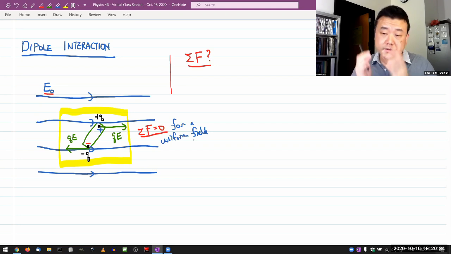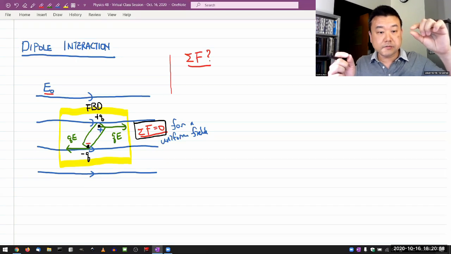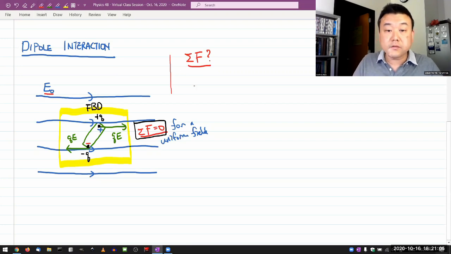I hope when you see a free body diagram like this, your intuition doesn't say that nothing interesting happens here, because even though the net force might be 0, I hope the forces you see make you think, oh, it's going to rotate. So what we can talk about, even with the net 0 force, is what the net torque would be. There is going to be a net torque on the dipole.